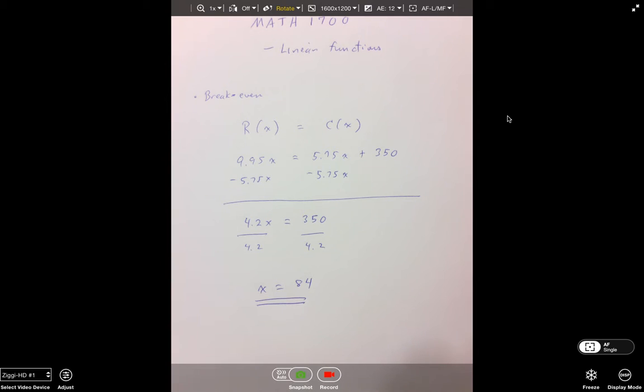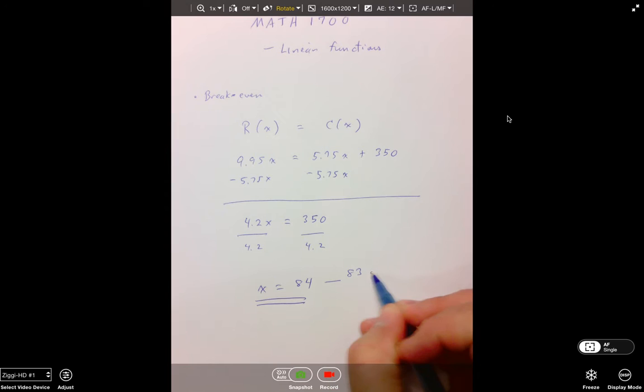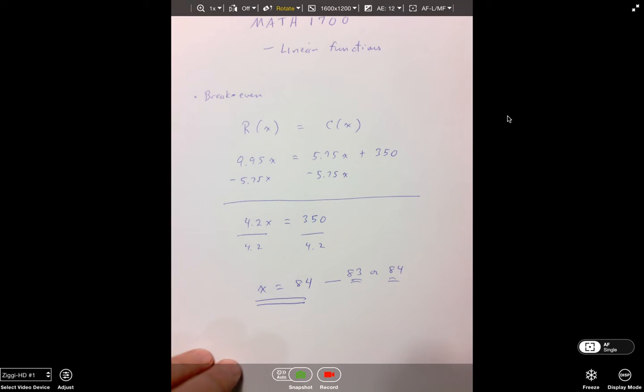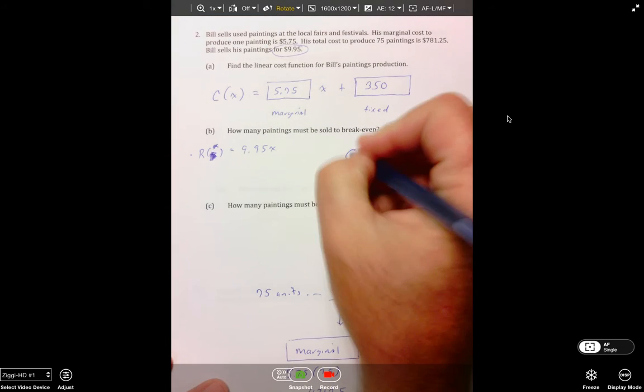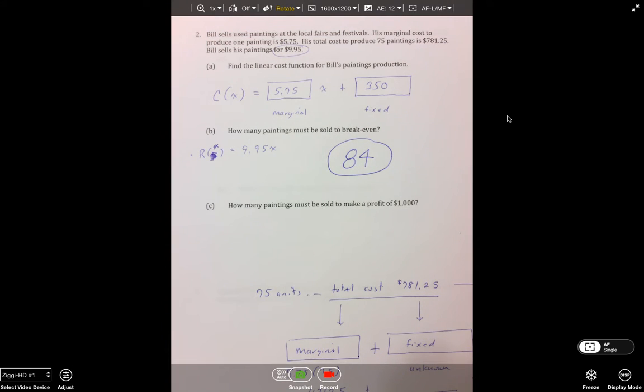When I go into my math lab, I will make it where 83 or 84 is counted correctly, okay? But I'm always going to round up when I have a decimal. So, gang, I'm going to go with 84 units.